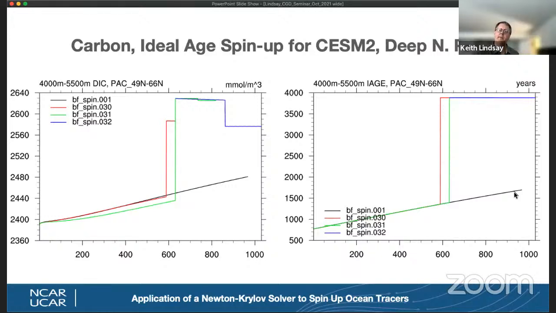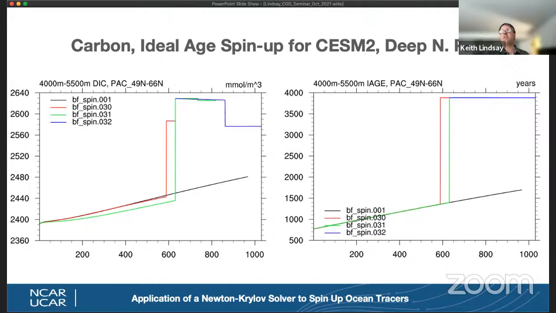Now, if you're familiar with the circulation of the ocean, you'll know that 4,000 years old is very, very old for the deep Pacific. Radiocarbon age measured in the ocean is under 2,000 years old. So this is an indication that the ocean circulation is too weak to ventilate the deep Pacific. This led to needing to retune our ocean BGC, and we did not realize this until the ocean physics was frozen for CESM2.